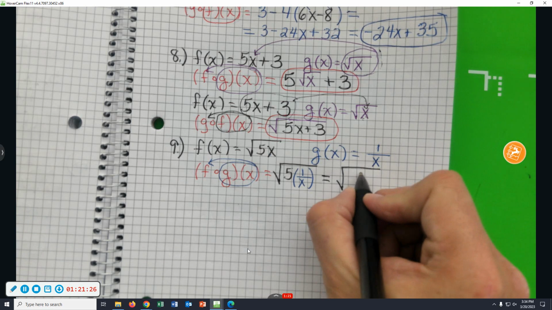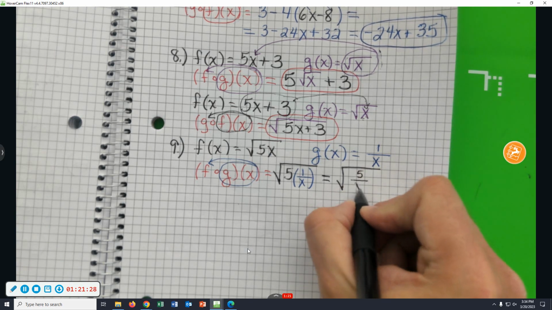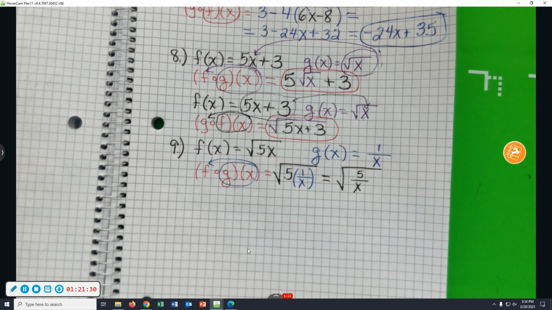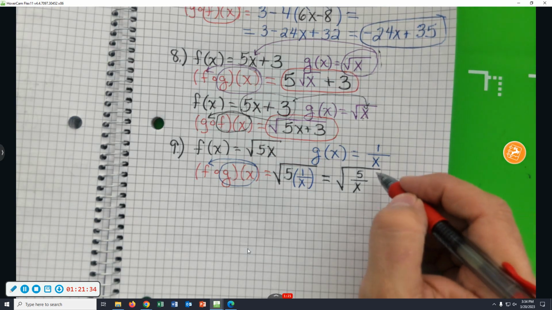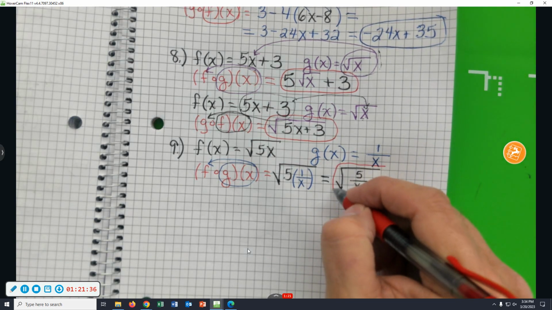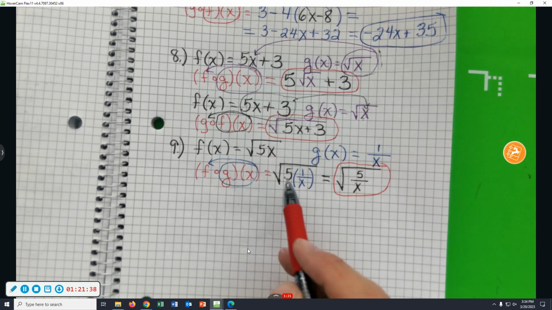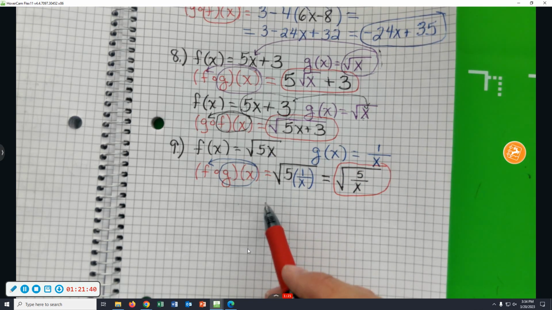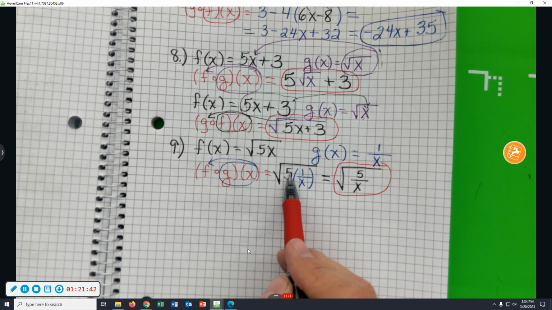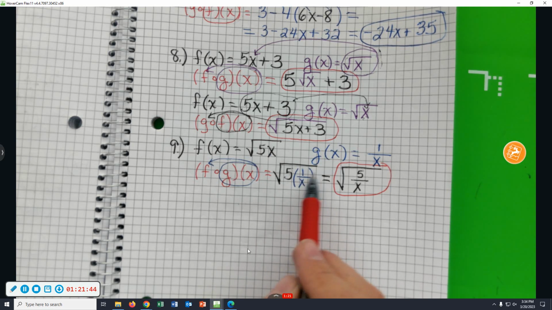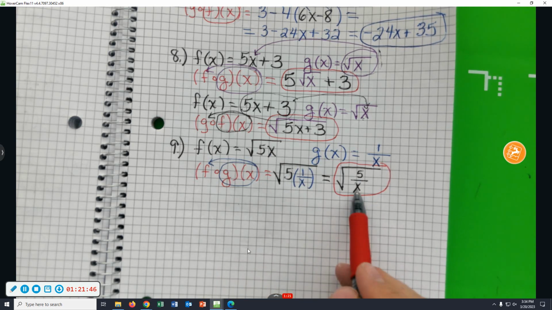I would just write it as 5 over x. You're thinking of it as 5 over 1 times 1 over x, multiply straight across to get 5 over x.